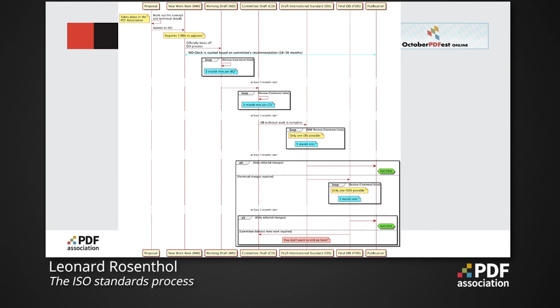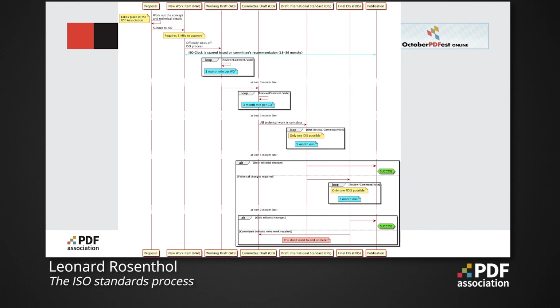It was a collaboration with the Twain organization to replace TIFF for scanning and similar devices. That incubated here within the association, and when we thought we were ready, we brought it into the ISO. So it goes from the association to the ISO, and we asked that a new work item be started.